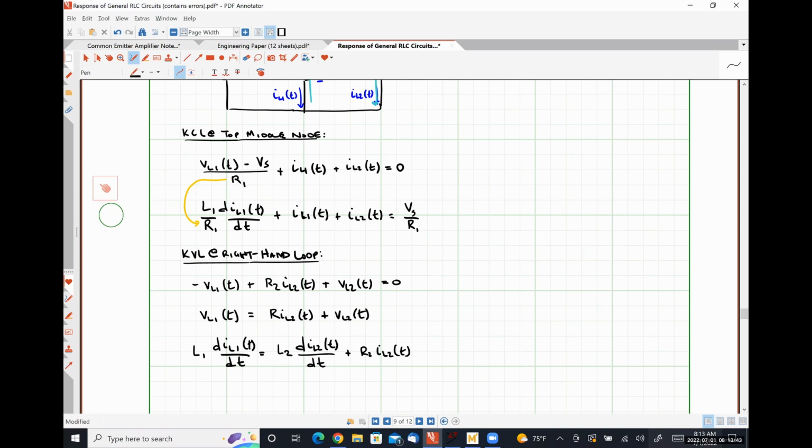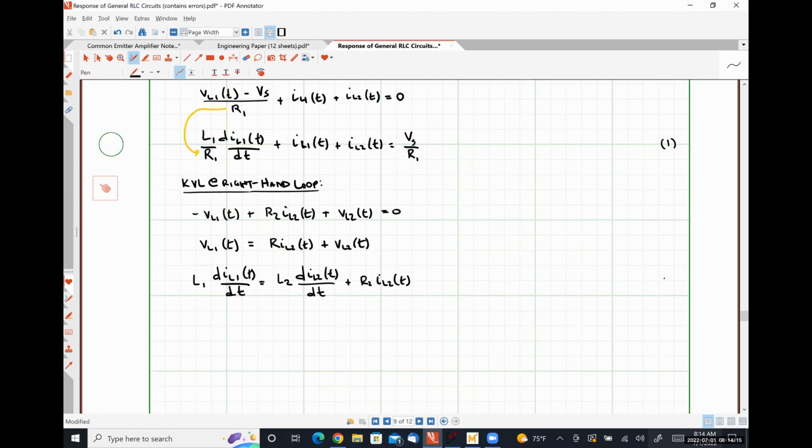So I need to figure out how I can do that. If I look back at this first equation, we can see that I can do a little bit more manipulation that would allow me to isolate IL2 is equal to some function of IL1 plus a constant. So I'm going to do that.